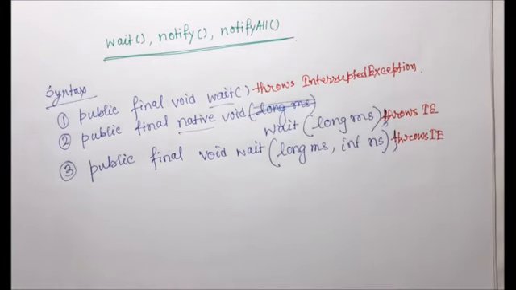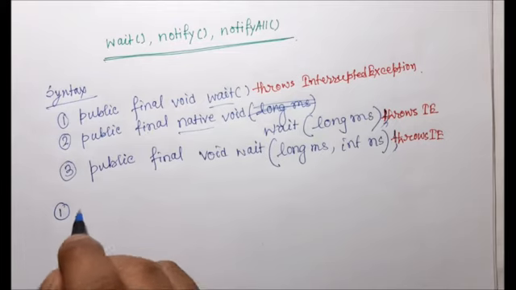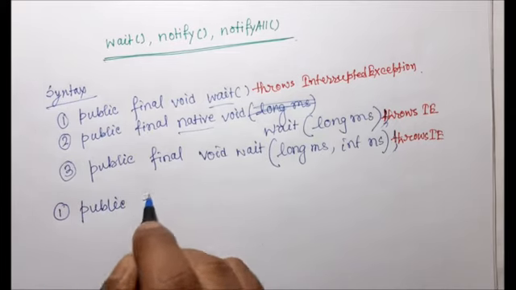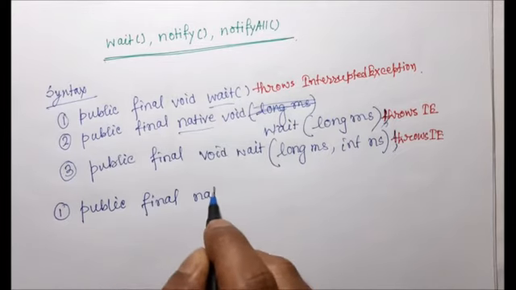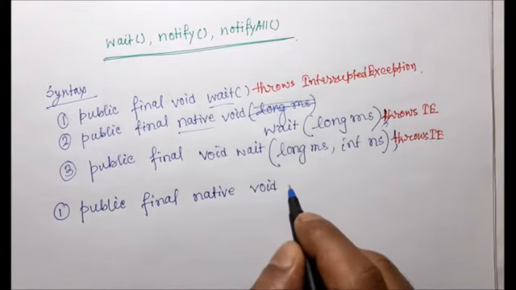Now come to the notify method. We have only one method signature for notify, that is public final native void notify().